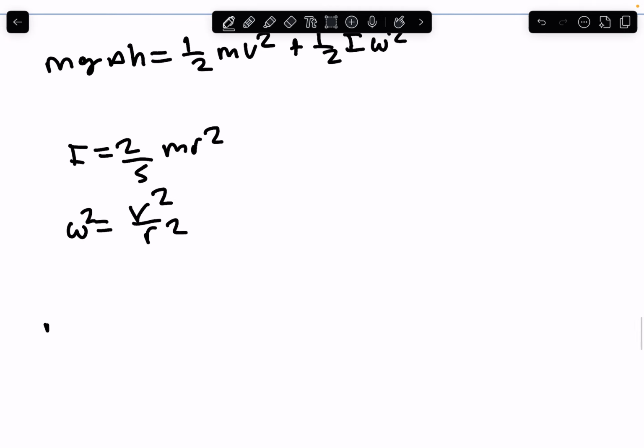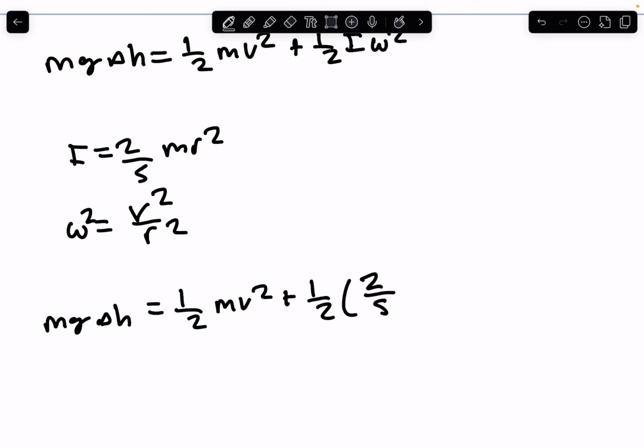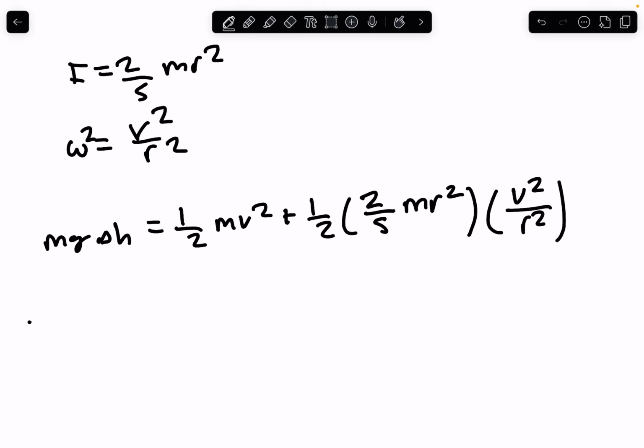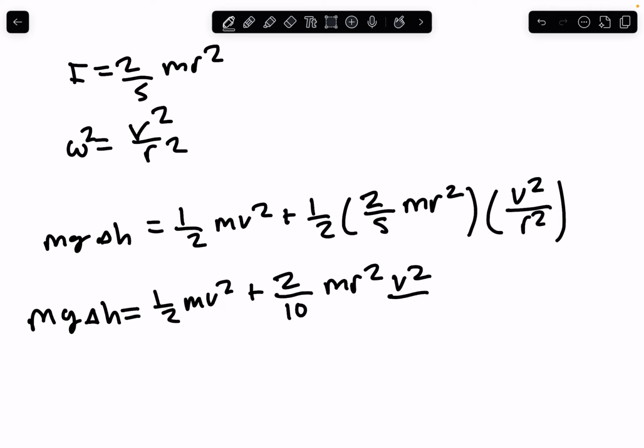So now let's substitute. So mg delta h, still the same, equals half mv squared plus half multiplied by 2 over 5 mr squared multiplied by v squared over r squared. So let's simplify. mg delta h equals half mv squared plus, so half times 2 over 5 is 2 over 10 mr squared multiplied by v squared over r squared.